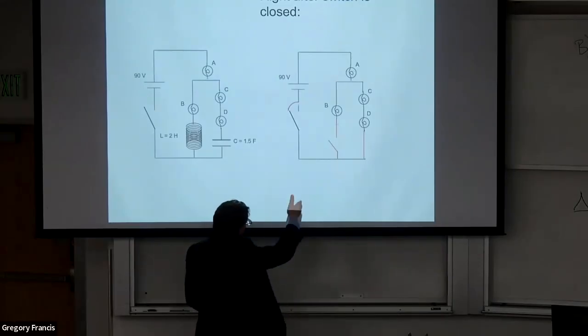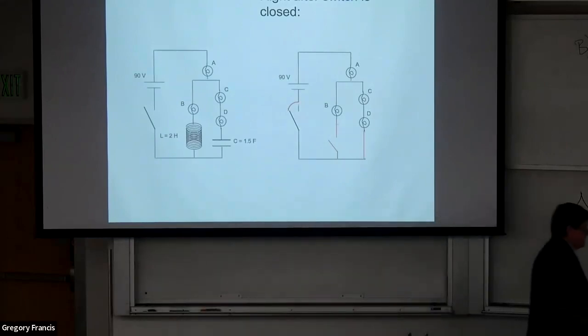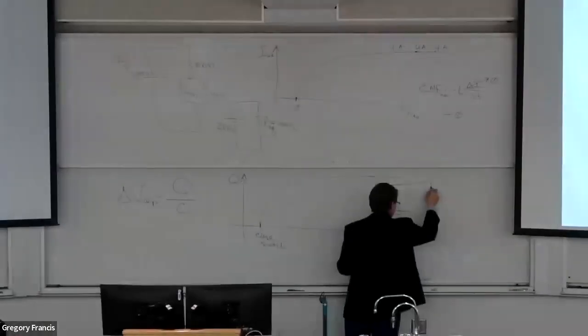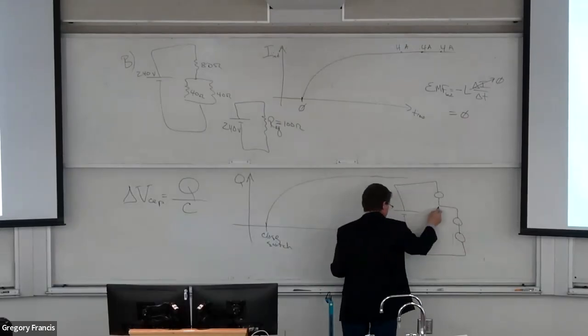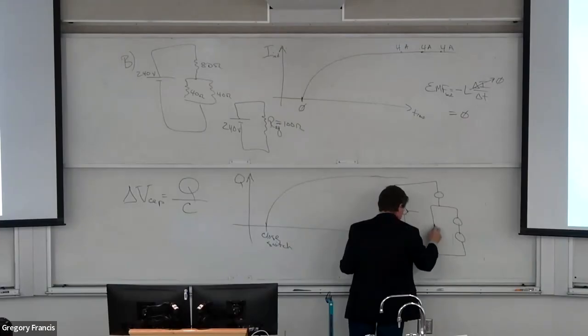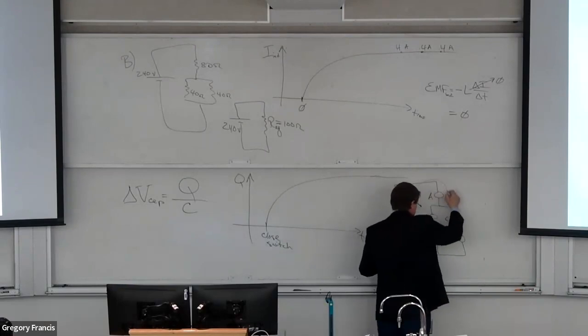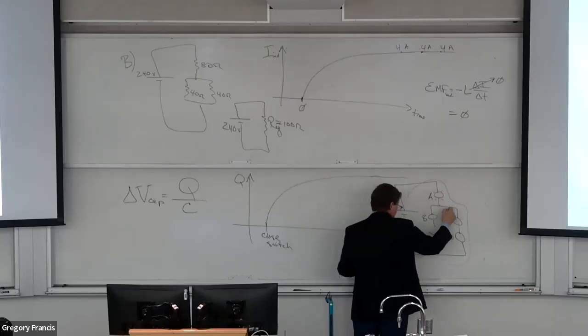And that means that all of the current is going to go through A, C, and D. And that means that they are now in series. So let's draw this over here. If all of the current that flows through A has to go this way, and I've got a 90-volt battery, these bulbs are all equally bright.